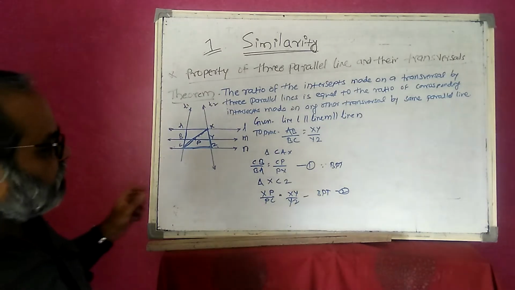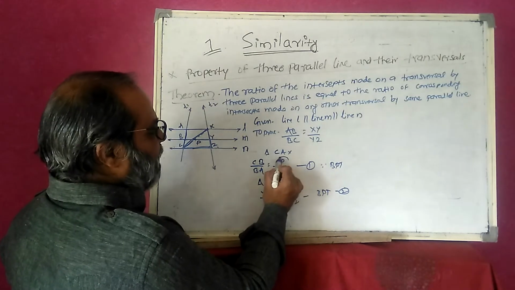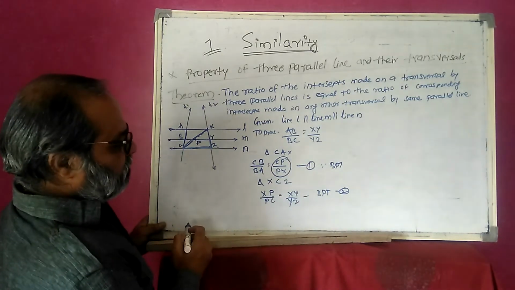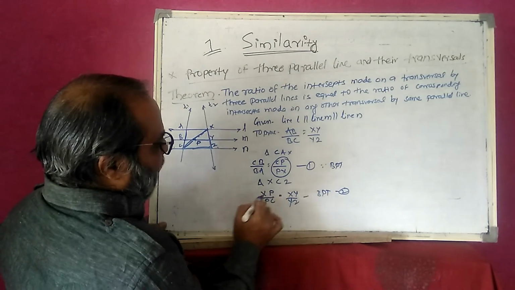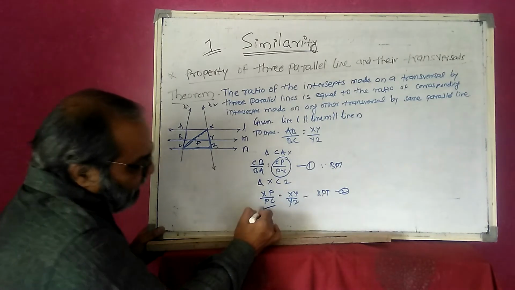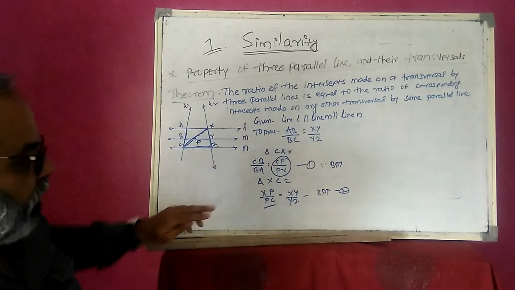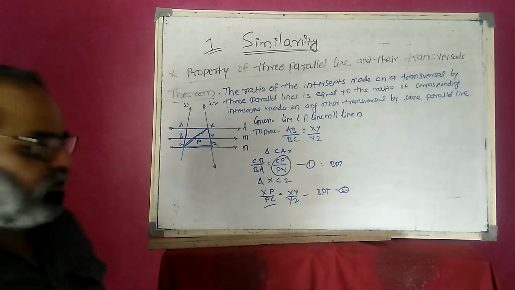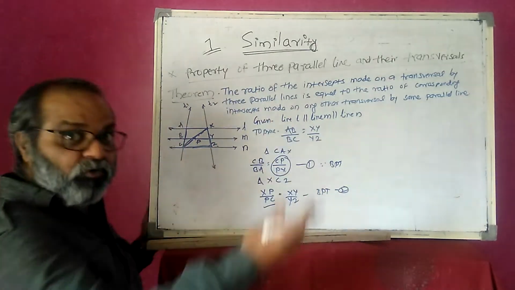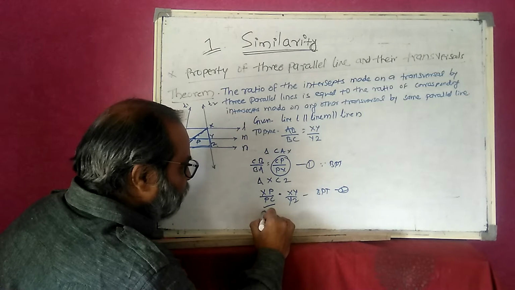Just concentrate on the equations. This part is CP upon PX, and here is XP upon PC. Now I invert this to get CP upon PX. So I apply invertendo.